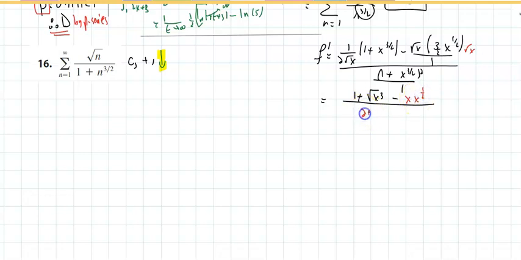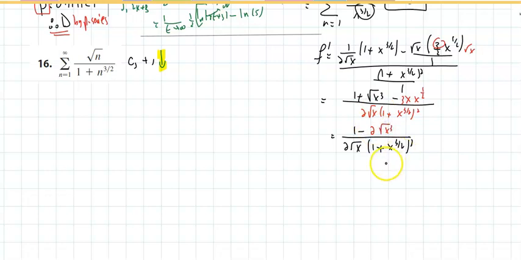And the denominator will be twice radical x into 1 plus x to the 3/2 squared. And that will be 1 minus, okay. There's a 3 there. So that's 3 of those plus 1 of those, that would be 2 of those.